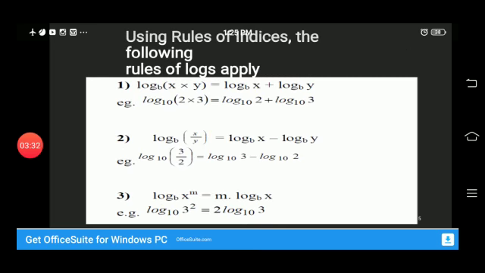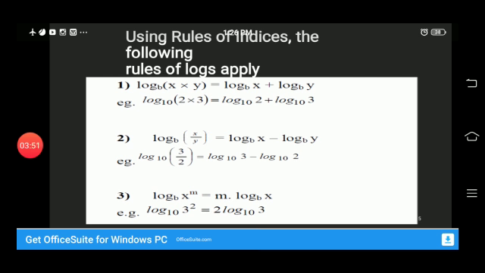Using rules of indices, the following rules of logs apply. Log of x multiplied by y is equal to log of x plus log of y, with base b. If it is of base b, then you will write b; if it is of base 10, then you will write base 10.